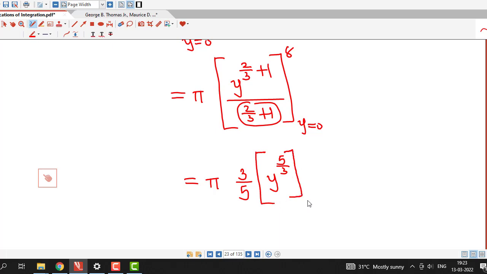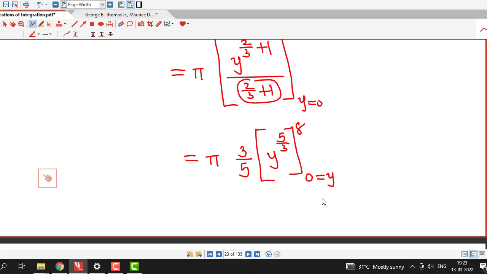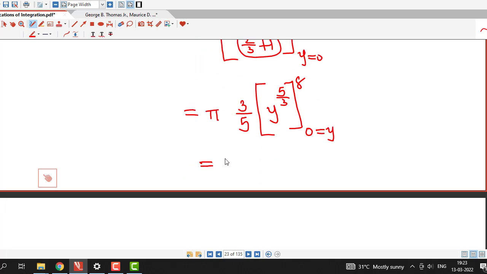Limits of integration are from y equal to 0 to y equal to 8. Now this is going to be 3 pi divided by 5. Upper limit is 8, so we consider 8 raised to 5 by 3 minus 0 raised to 5 by 3, that is going to be 0.